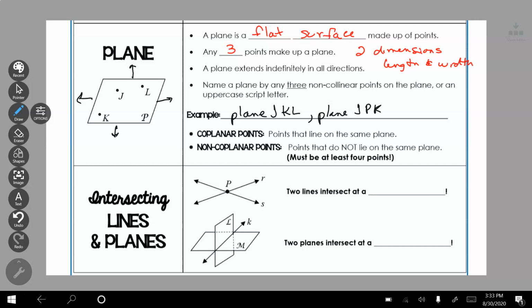They're all the same. Or because we have this capital letter right here, I could call it plane, kind of the script P. So coplanar points are points that lie in the same plane, and it always has to be 3 points.